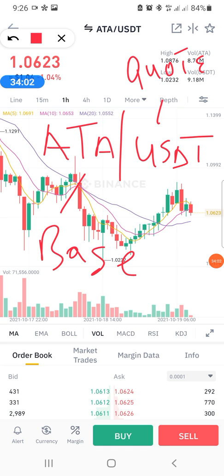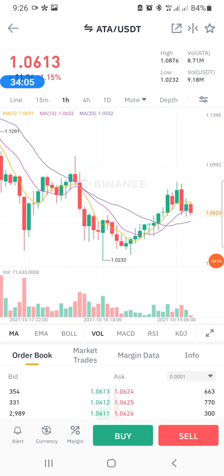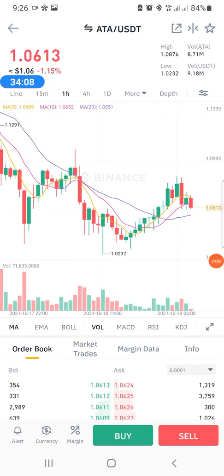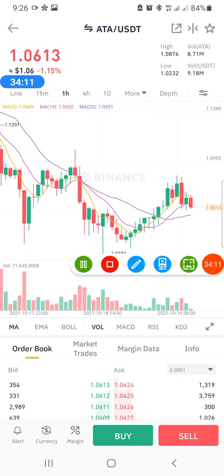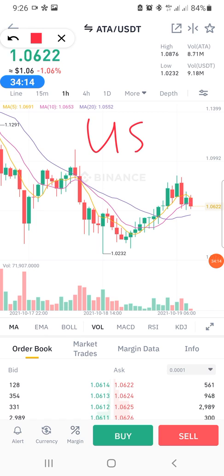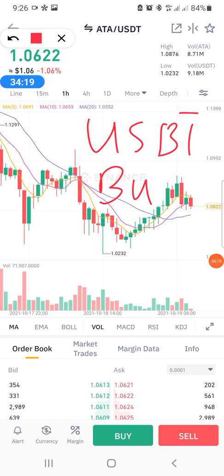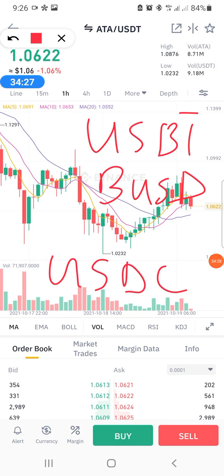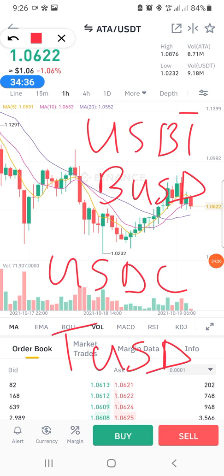Basically, while trading cryptocurrency, we make use of stable coins. What are stable coins? Examples of stable coins are USD, USDT, BUSD, USDC. We as well have TUSD. These stable currencies are currencies that are pegged to the US dollar value.